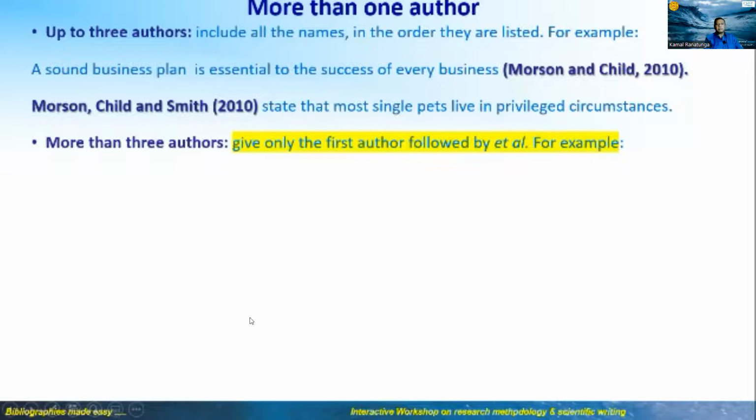But in the APA style, again, there are differences between the formats, but in the APA style, if there are more than 3 authors, you can use the first author's last name followed by et al, right? Et al, that means in the Latin, and the others, right?